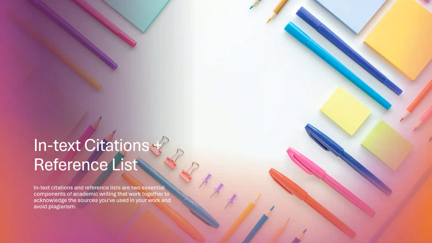So you might have come across your professors or teachers telling you that you need to have in-text citations. Well, in-text citations, along with a list of references, usually at the end of your work, are two essential components of academic writing.